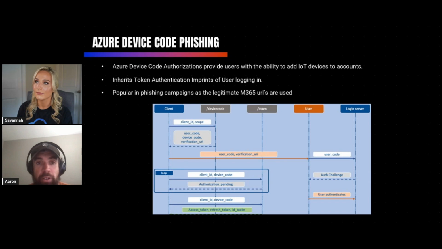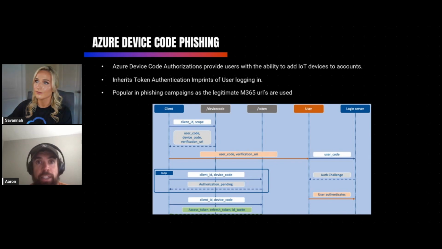So Azure device code phishing basically follows the same approach as AWS, but you're going to be targeting specific M365 APIs. Let's say the Graph API, which is a very powerful one that can let you enumerate a lot of information about an organization's tenant. The benefit of this access token versus a user's credentials, as we will show on the next slide, is that you'll inherit the token authentication imprint of the user that authorizes that device code.